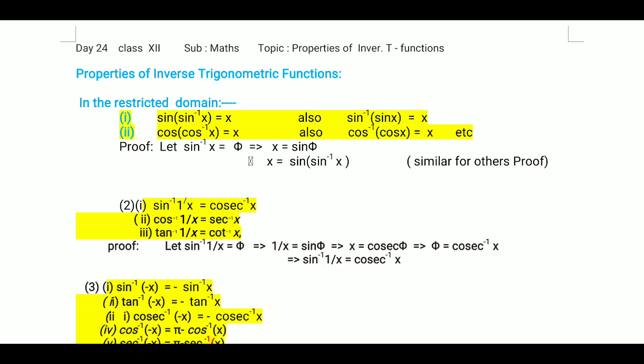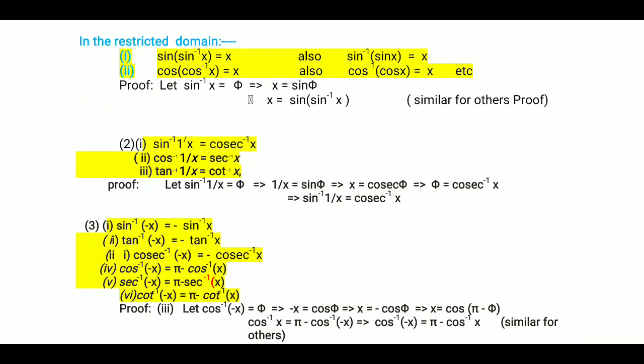That means phi is equal to cosec inverse x. Thus we see that sin inverse (1 upon x) is equal to cosec inverse x, and in a similar way the other parts can be proved.